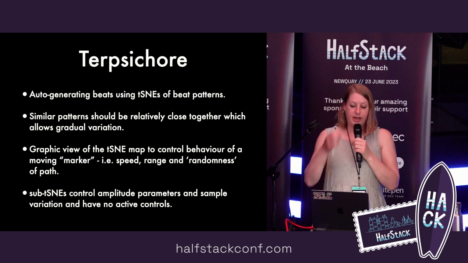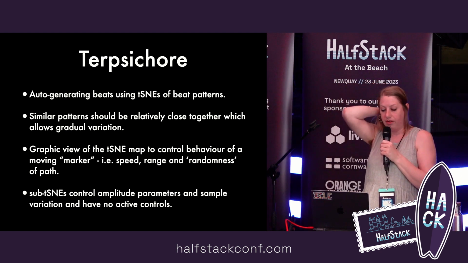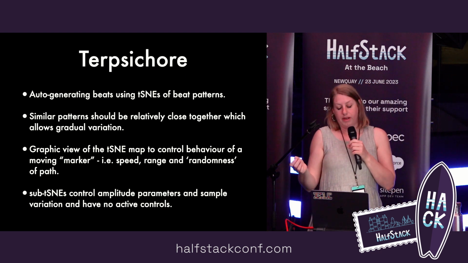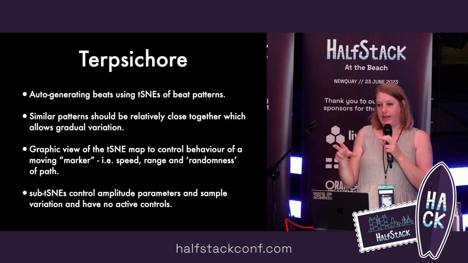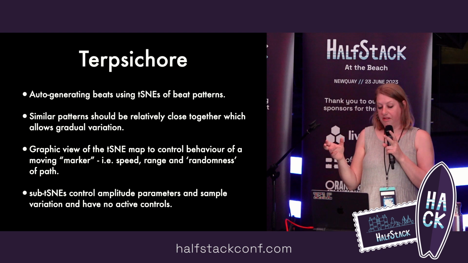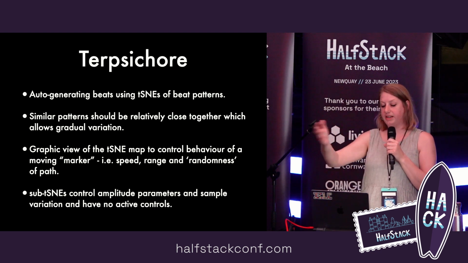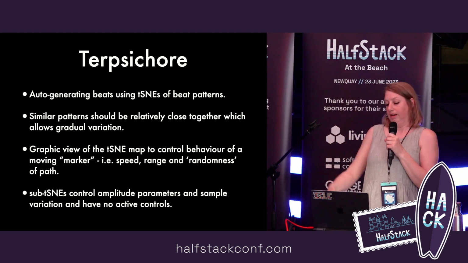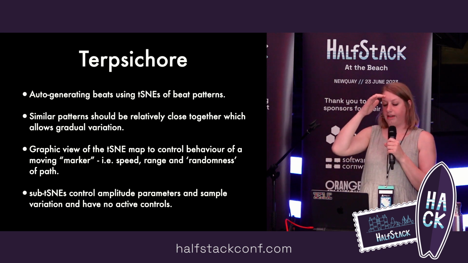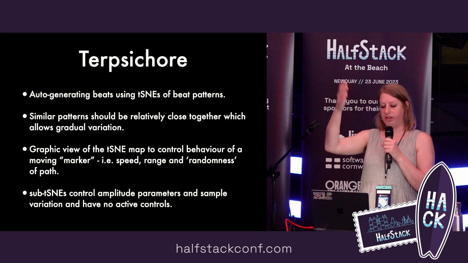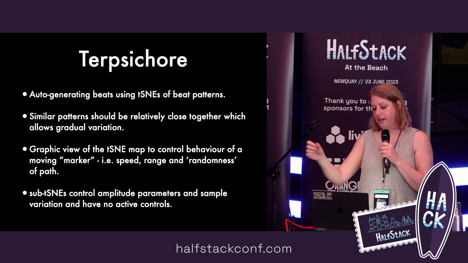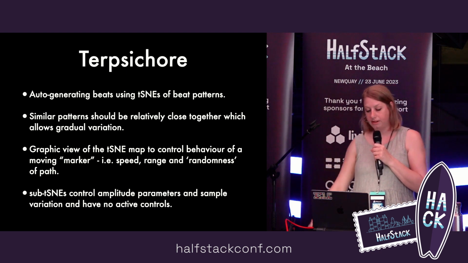So how does it work? It's essentially generating a t-SNE of beat patterns. I give it a database of, I don't know how many, I think like 116 beat patterns.